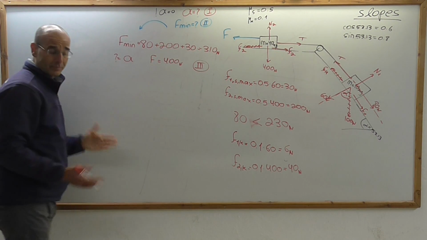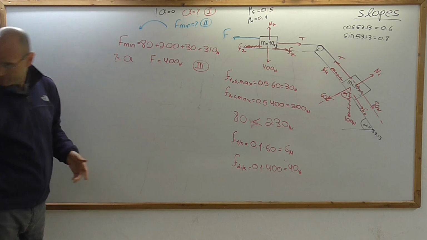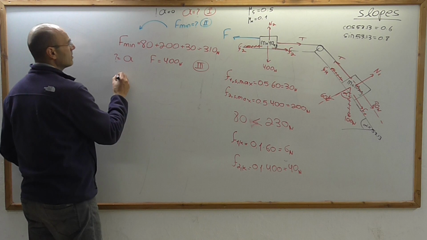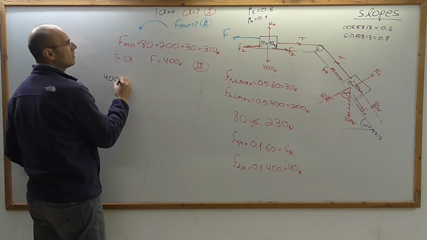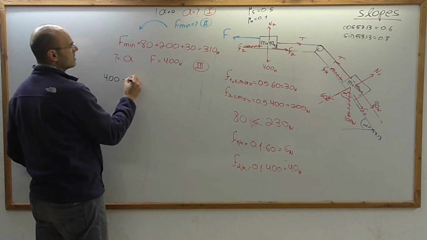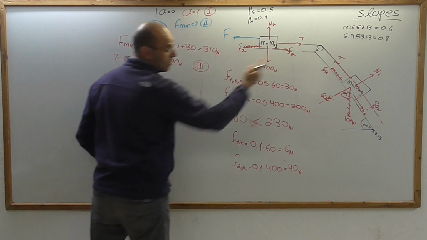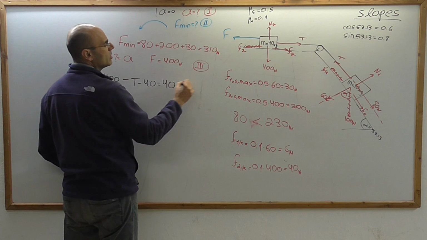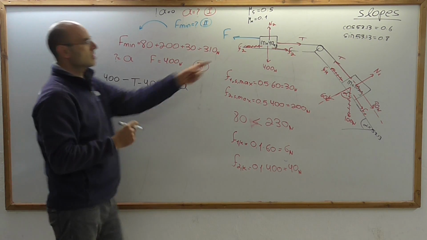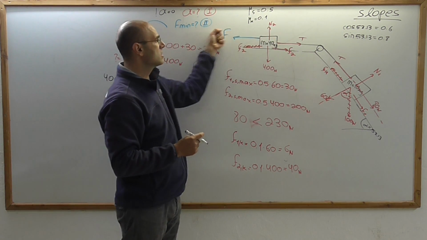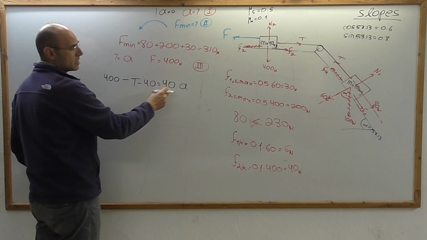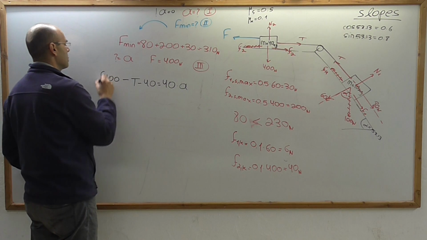So now, let's write the equations. This mass, I will write F, which is 400, minus T, minus F2 kinetic, which is 40, must be equal to 40 multiplied by A. All the forces, I'm talking about this object, in this direction, minus all the forces in that direction, must be equal to the mass multiplied by the acceleration.